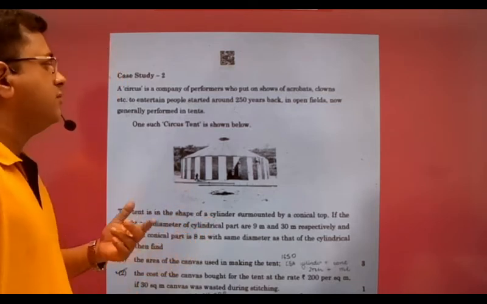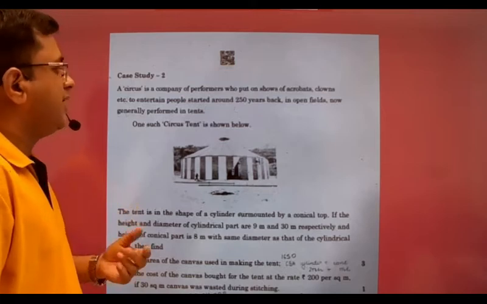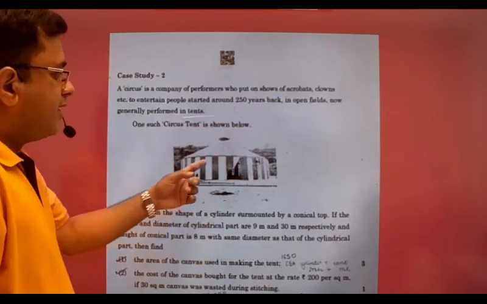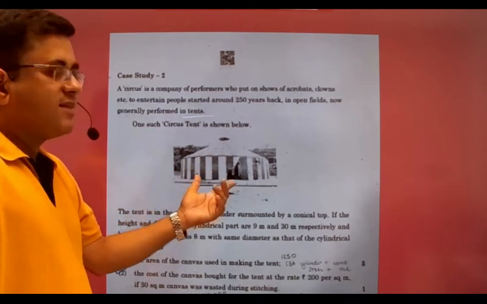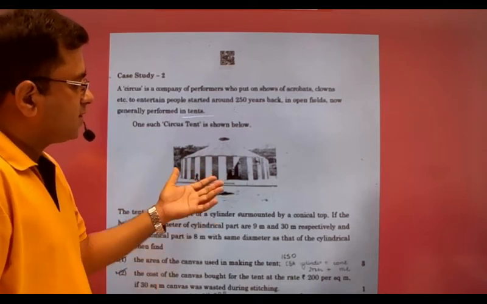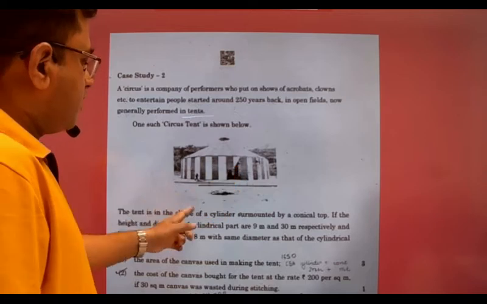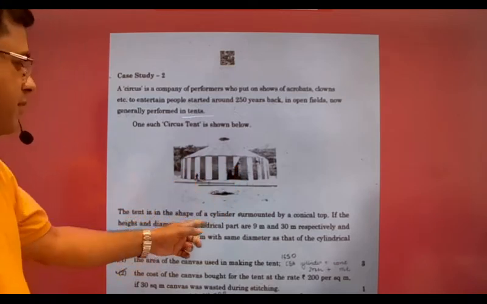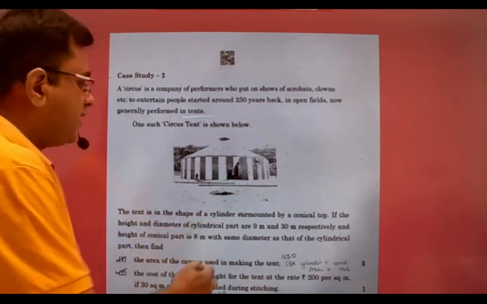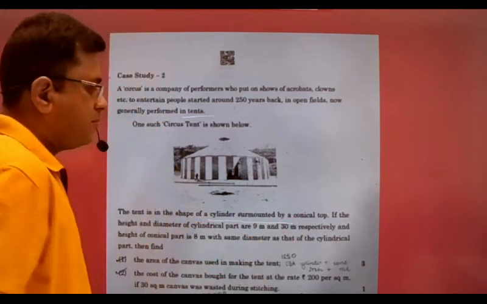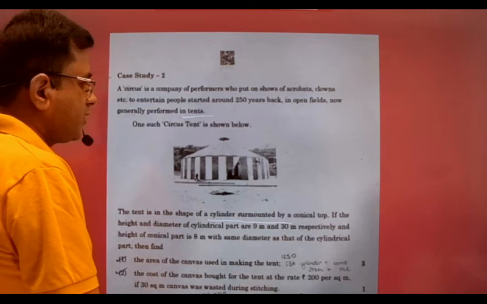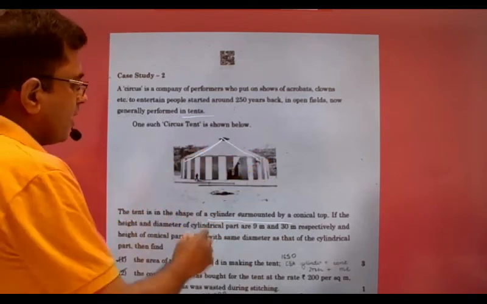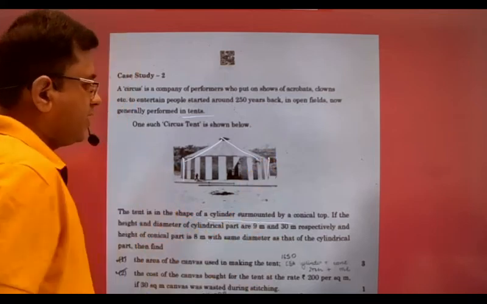Now the circus is performed in tents. Here the tent is shown. The shape of the tent is cylindrical and mounted by a conical top. The top is of conical shape, and this one is cylindrical shape.